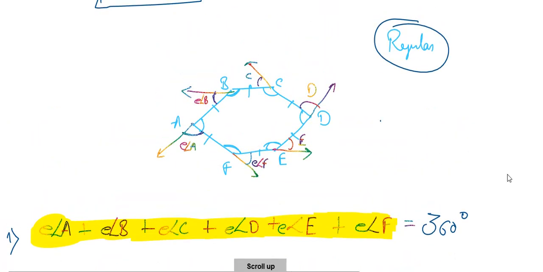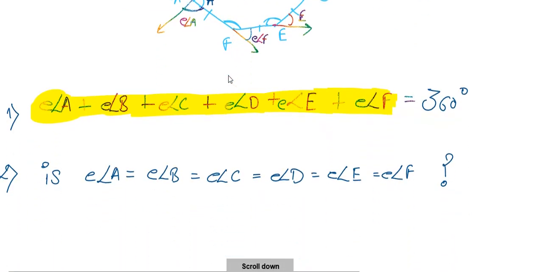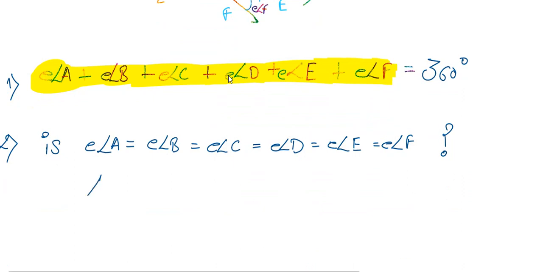Since all the internal ones are equal, if this is my internal A and this is my internal B, then A is equal to B, equal to C, and which in turn is equal to all of the internal ones. So what would be the answer for the second question? Yes or no? It would be yes.